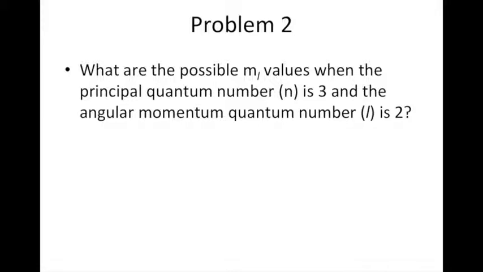What are the possible m sub L values when the principal quantum number is 3 and the angular momentum quantum number is 2? Pause the video and see if you can answer this one.